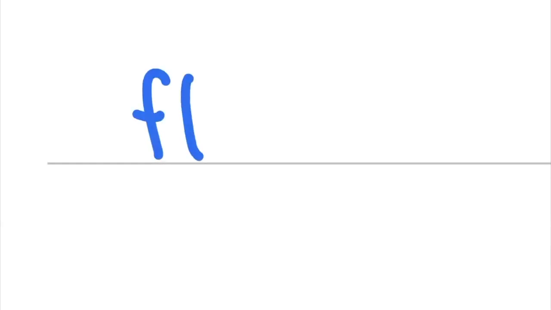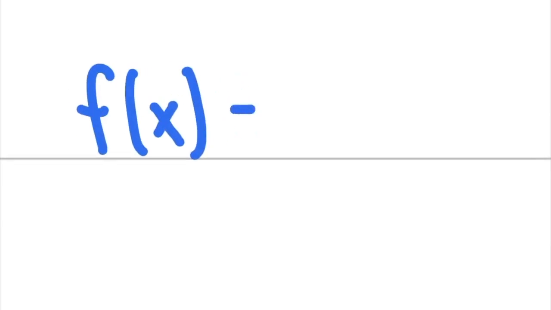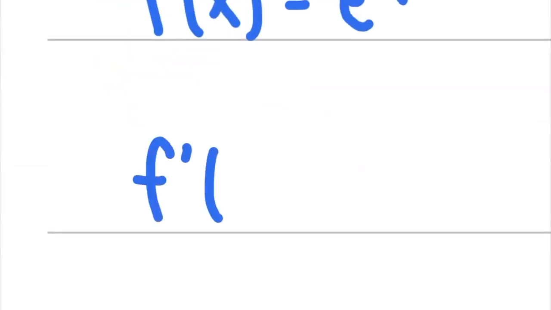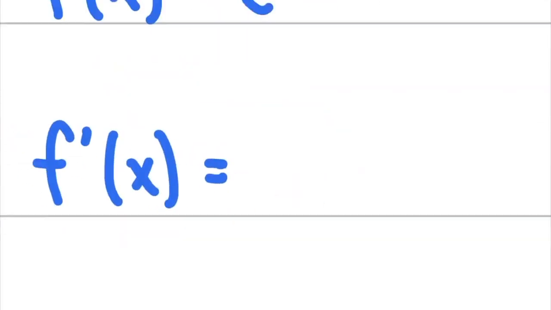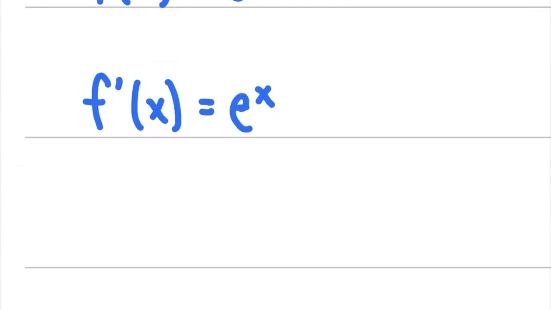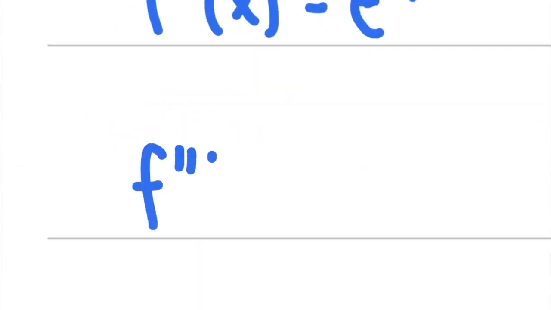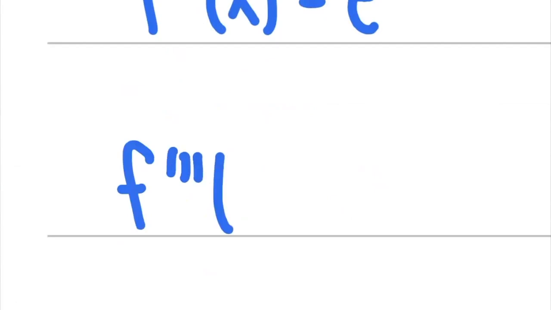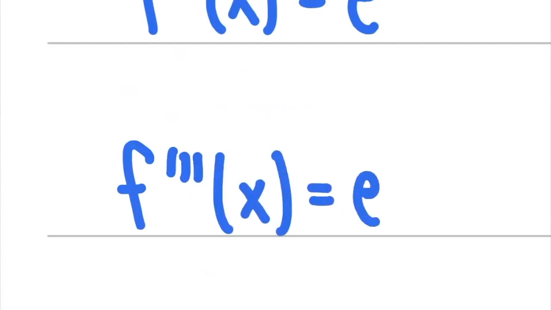So we have f of x equals e to the x. F prime of x is also e to the x. You'll never guess what f double prime is. Spoiler alert, e to the x. And I'll just do one more. F triple prime of x is also e to the x.